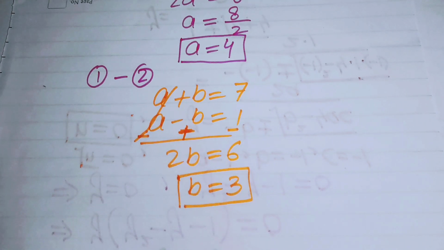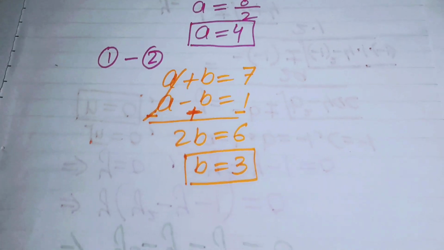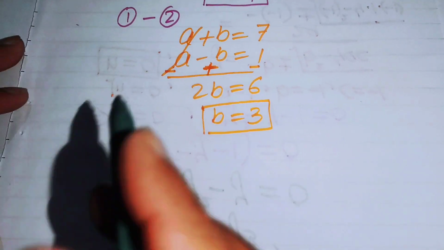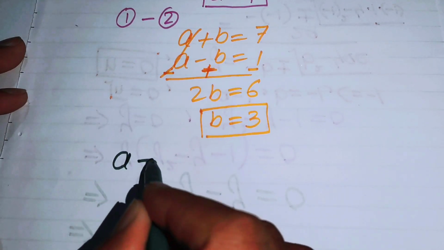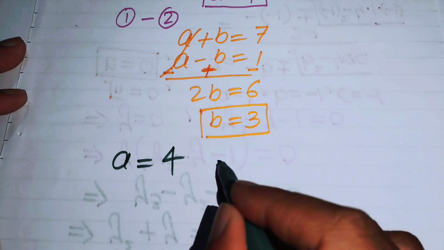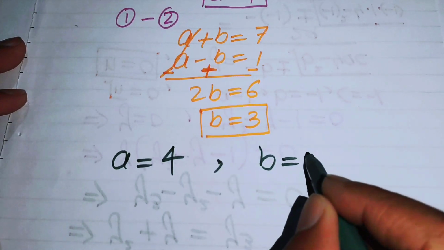So now we have found both values, a equals 4 and b equals 3.